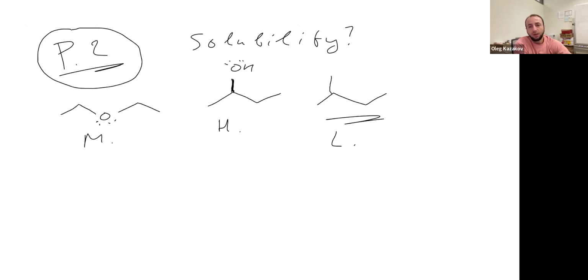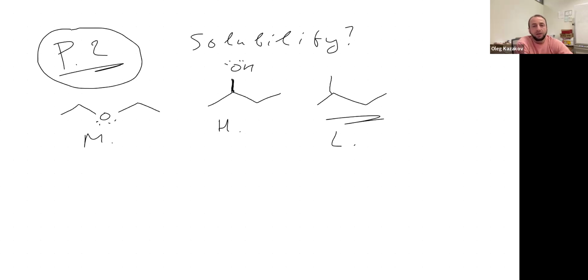So: lowest solubility, medium solubility, highest solubility. Hydrogen bonding plus higher resemblance of the water molecule when we look at the alcohol molecule. Only one feature will be different. So it almost looks like H2O, HO, but instead of hydrogen, we'll have this alkyl chain here.